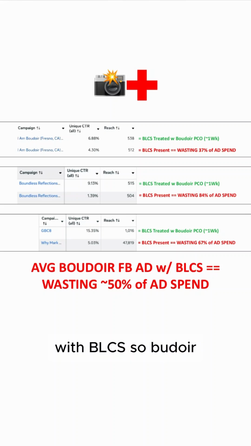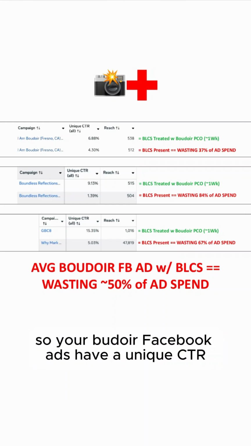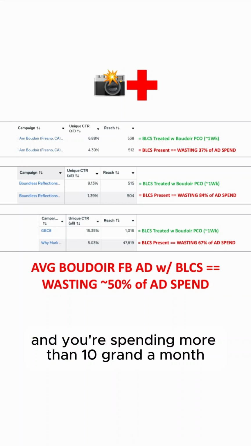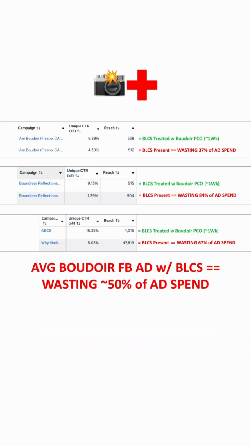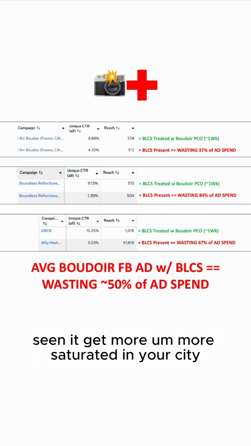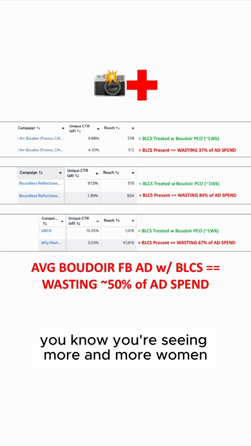All right, so if you're a BLCA with BLCS, so boudoir low click advertiser with boudoir low click syndrome, so your boudoir Facebook ads have a unique CTR under 6%, and you're spending more than 10 grand a month on boudoir Facebook ads, and you've looked at the marketplace, seeing it get more saturated in your city, and you're seeing more and more women.